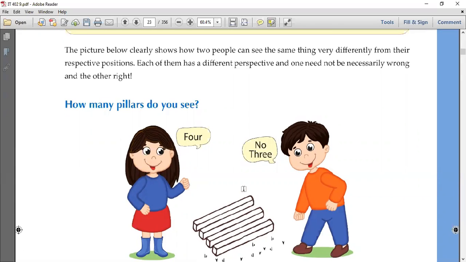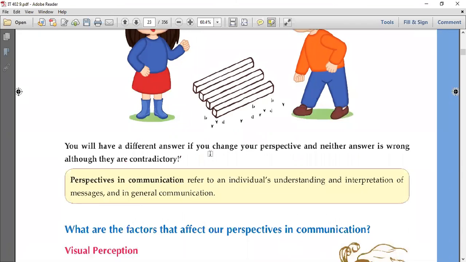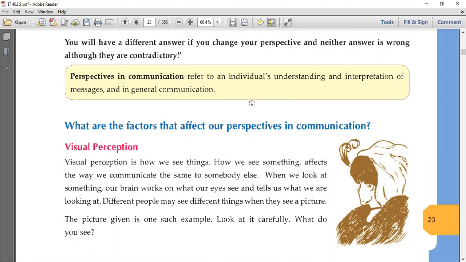Each one of us has a different perspective on everything. कुछ भी हो रहा है, कुछ नेगेटिव सोचता है कोई बंदा, किसी भी सिचुएशन को नेगेटिव लेता है, और दूसरा पर्सन उसी सिचुएशन को पॉजिटिव भी लेता है, right? Everybody has his own thought, right? So perspective in communication refers to an individual's understanding and interpretation of the message, right?